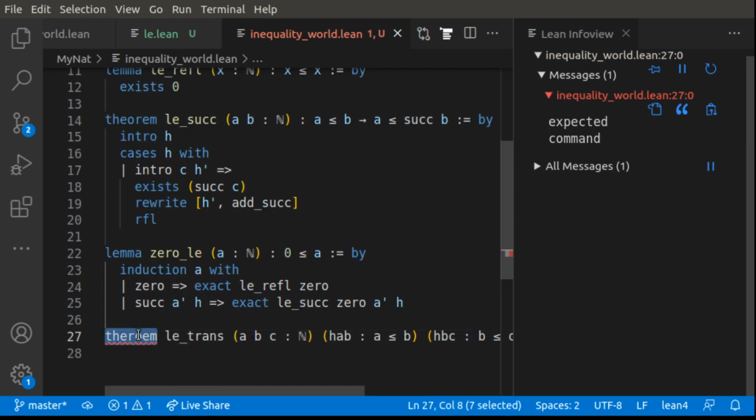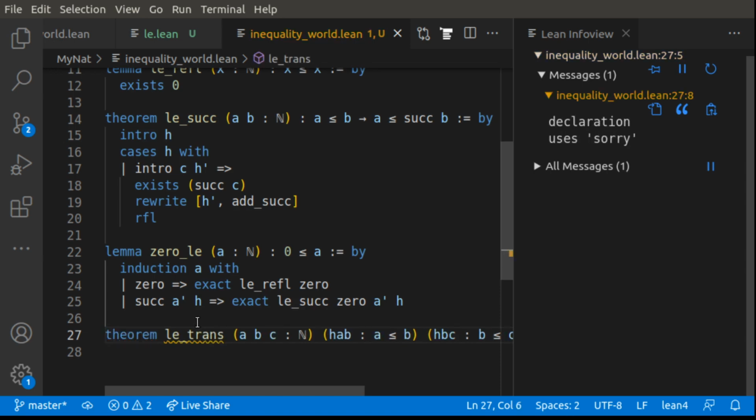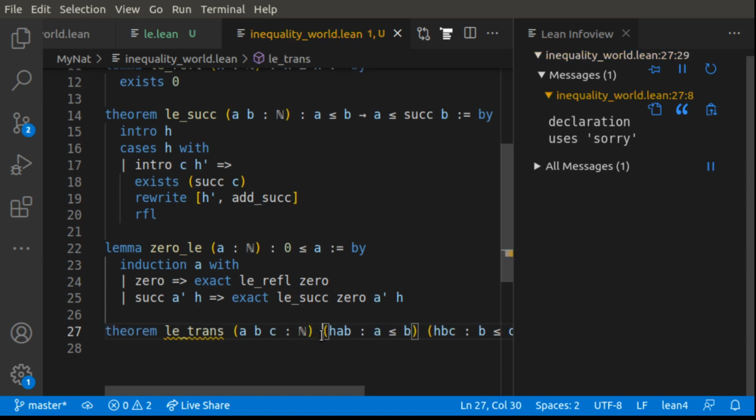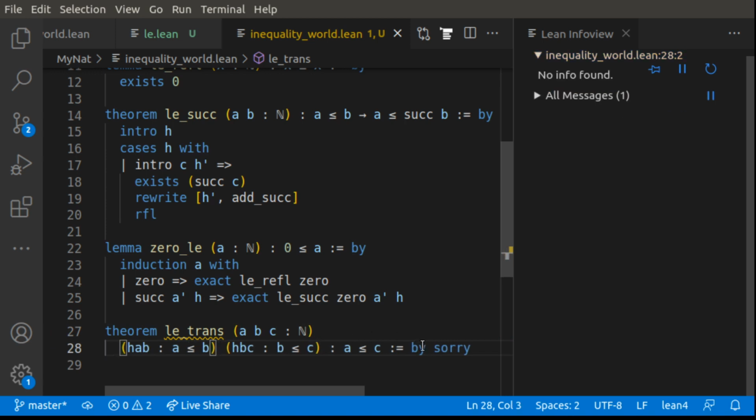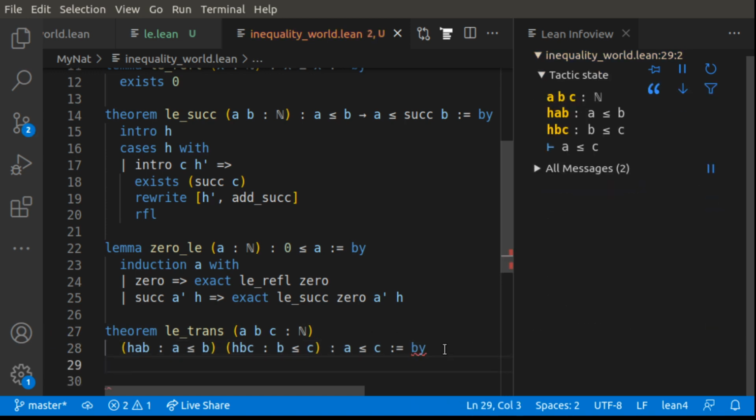Why did I spell theorem wrong? Yes, I did. Theorem. Let's move this down here. By.